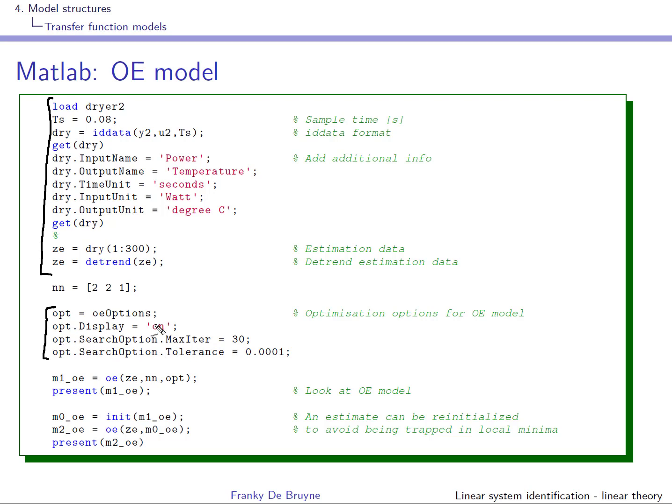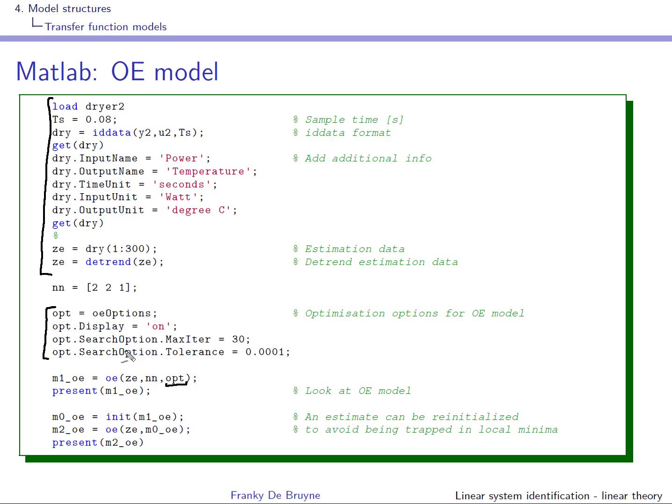Okay, so you can display what is going on in the optimization procedure, and you can set parameters such as, for instance, the number of iterations or the tolerance in the stopping criterion and things like that. This makes the link with the course of optimization of last year, and these options will appear over here.